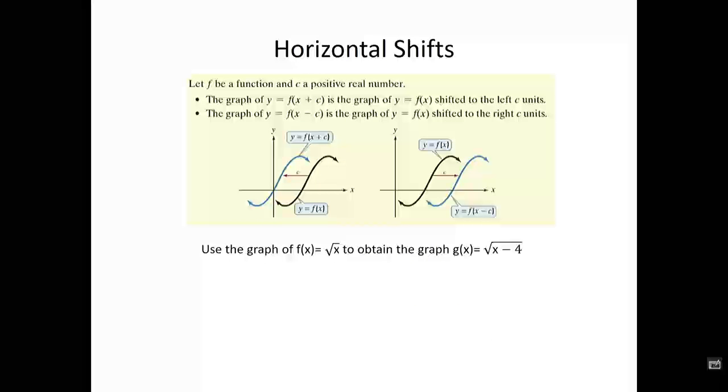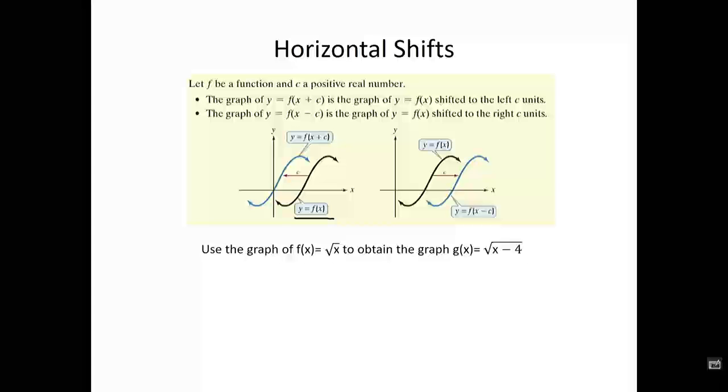Welcome back. Let's now consider horizontal shifts. So let's assume that we have the graph of a function f of x. And we want to use the graph of f of x to obtain the graph of y is equal to f of x plus c. All right, so this is going to be a horizontal shift.